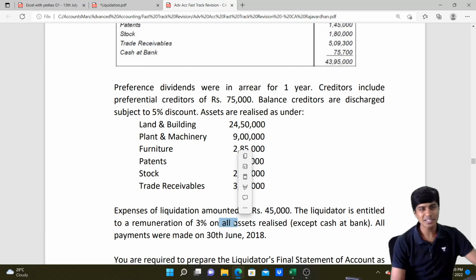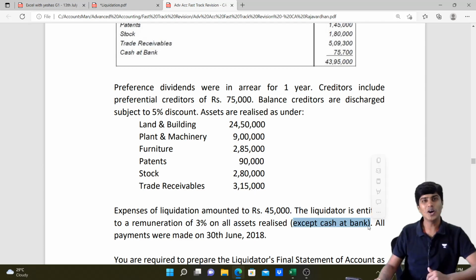After that, what do we pay? The liquidator is entitled to remuneration at 3% on assets realized, except cash and bank. Obviously you will not be paying him any remuneration on cash and bank. Cash and bank is 75,700.